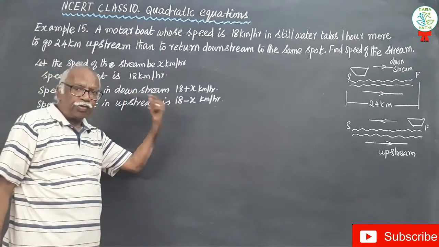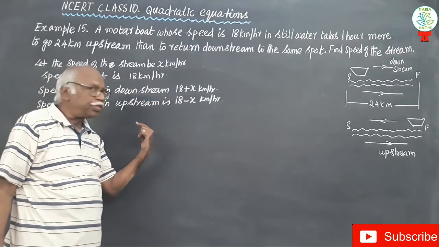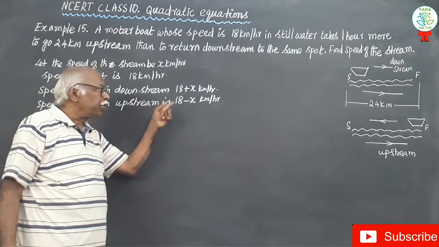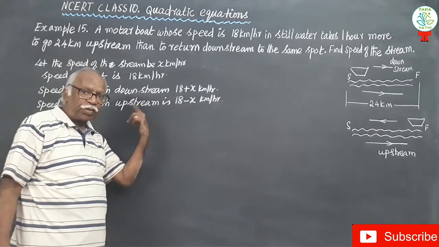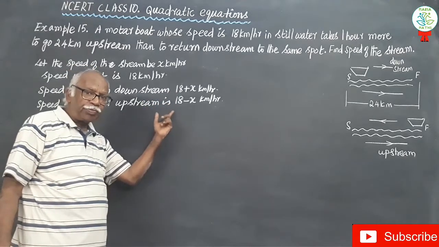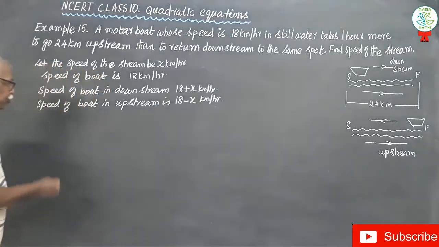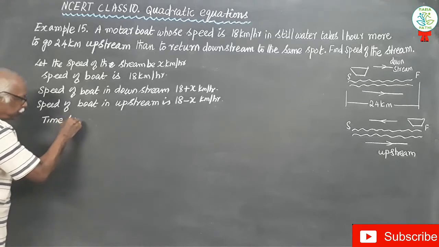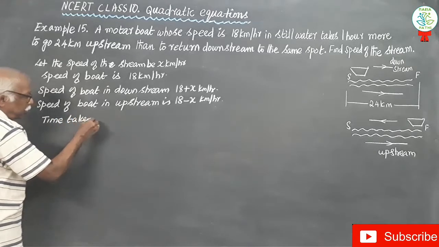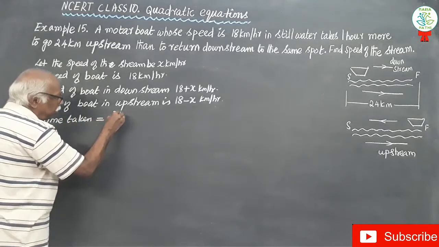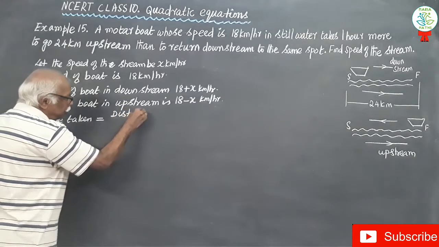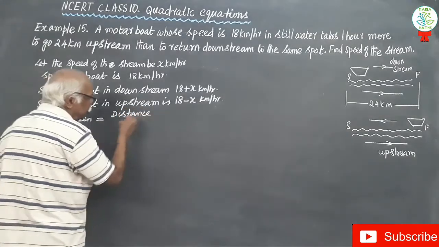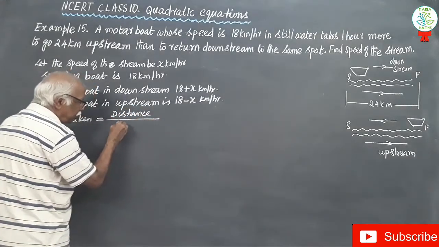In downstream, you have to add the speed of the stream to the speed of the boat. In upstream, you have to subtract the speed of the stream from the speed of the boat. Now, time taken is equal to distance travelled by speed.